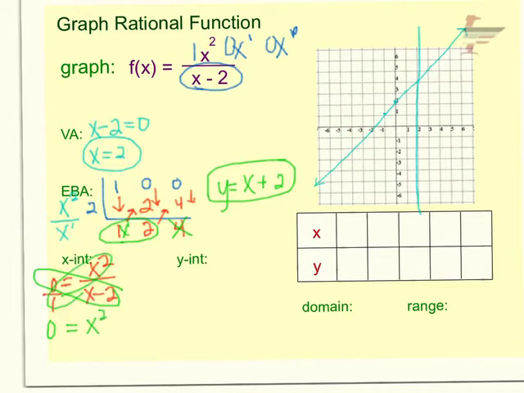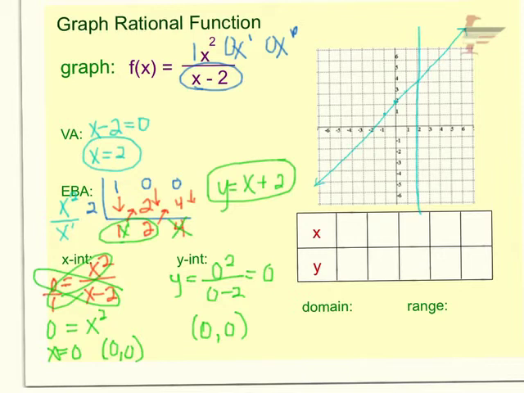If you solve that for x, you're going to get a 0 for x, so you write your intercept as 0, 0. Your y-intercept, let's plug in a 0 for x, so we'll have y equals 0 squared over 0 minus 2. 0 divided by anything is 0, so your y-intercept is 0, 0 also. You plugged in a 0 for x and got back a 0 for y.